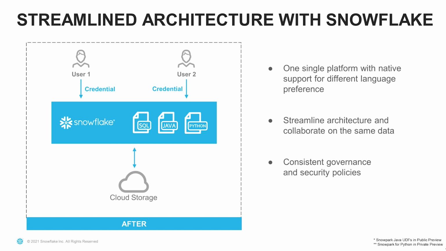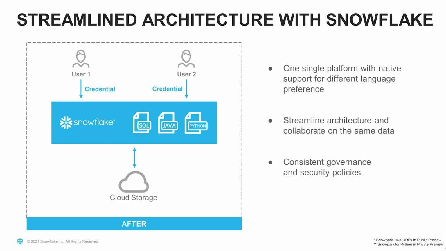So we can make this all much simpler and run this entire pipeline within Snowflake. A singular platform will help us provide more governance and control over the data, and it will also make our developers' lives easy.